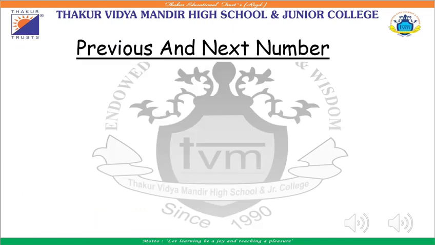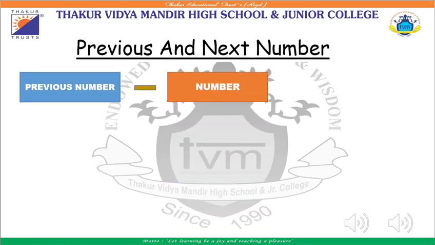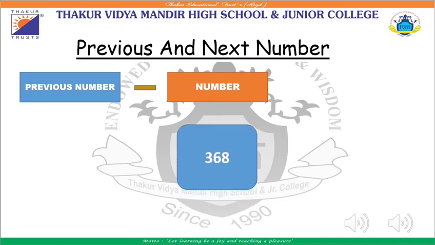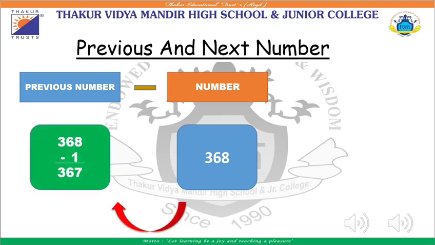Now we will learn how to get the previous number and the next number. To get the previous number, we must minus 1 from the given number. See the number that is given to you. The number is 368. So to get the previous number, if I subtract 1 from 368, what will I get?